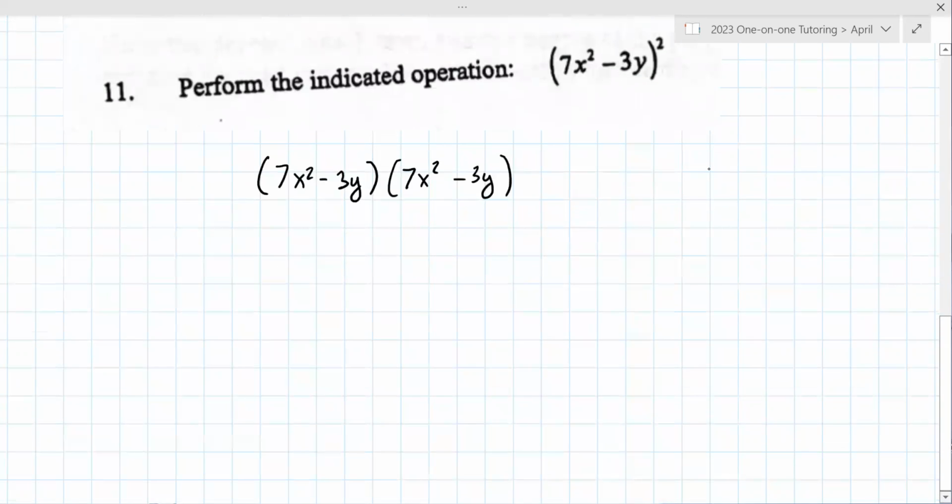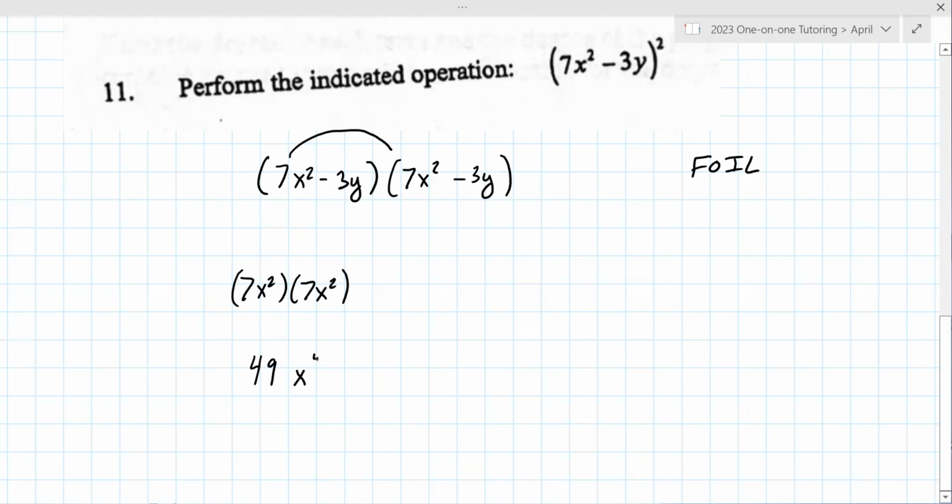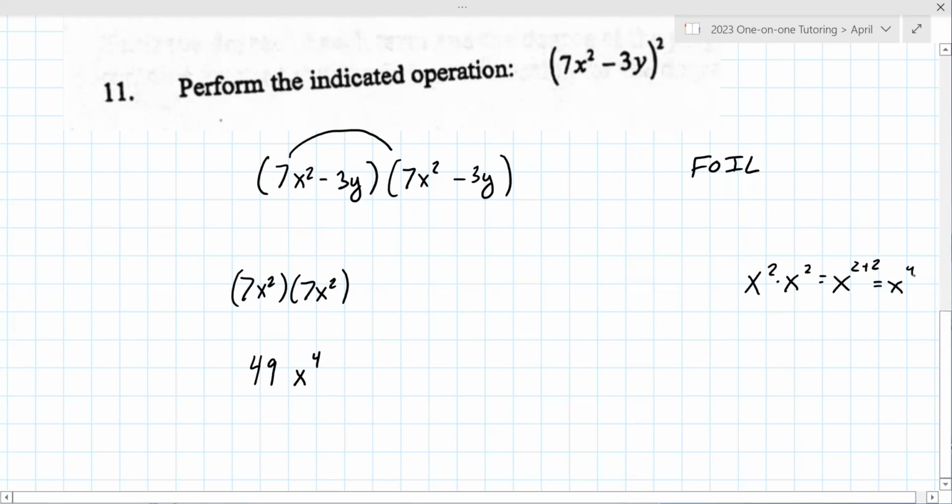We still go first times the first. 7x squared times 7x squared. So you multiply the 7. 7 times 7 is 49. X squared times x squared is x to the fourth. The property is that when the bases are the same, you add the exponents. Does that make sense?